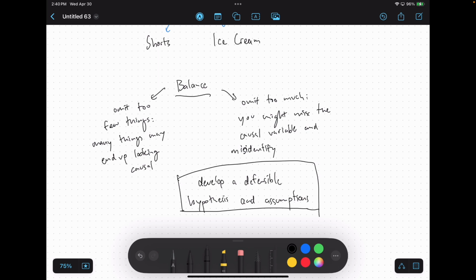And it's important to make sure that is defensible if you're working in this area. Okay. Any questions so far?